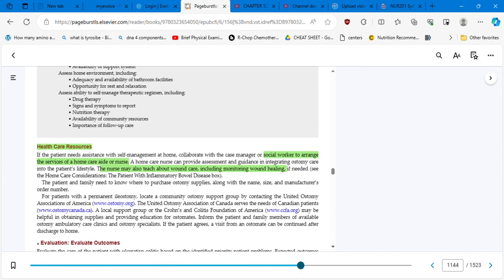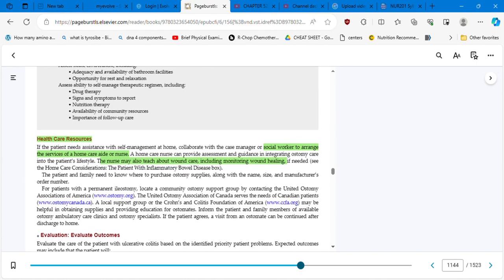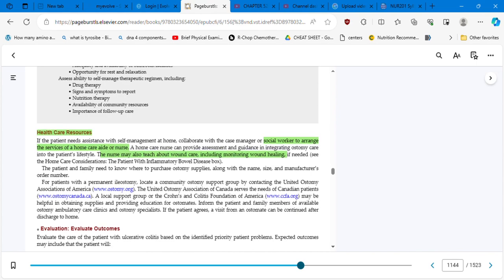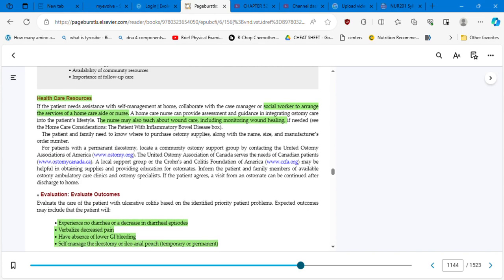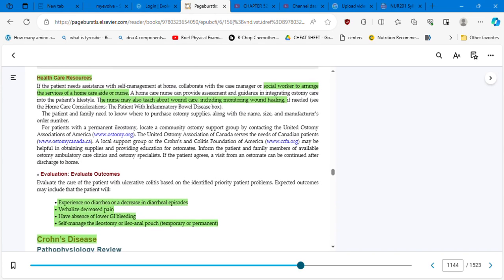If they self-manage the condition, how well are they doing with the drug therapy, nutrition, healthcare resources, social worker to arrange the service for a home care nurse.